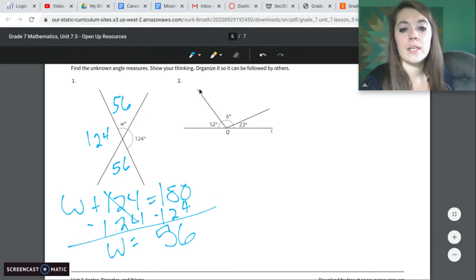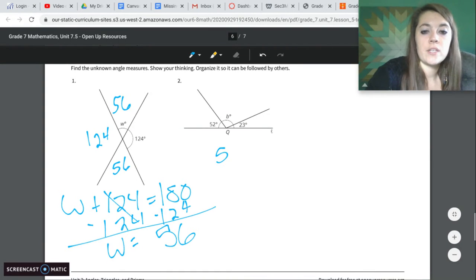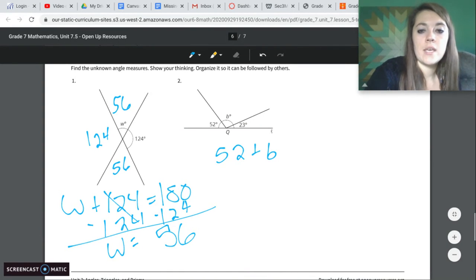Now the next one, we have line L, and then we've got this angle 52, B, and 23. So what do all three of these angles add up to? 180 again. So we're going to do 52 plus B plus 23 equals 180.